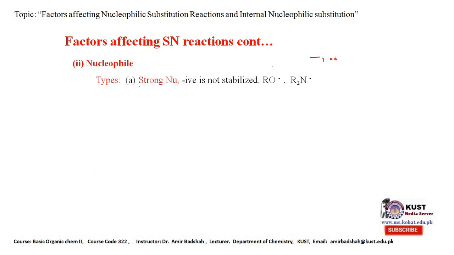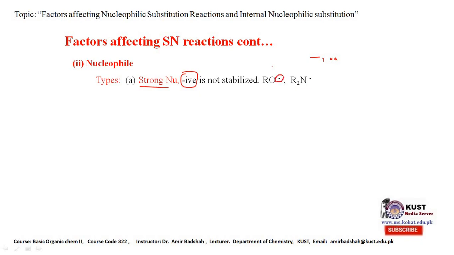A nucleophile may be a strong nucleophile. The strong nucleophile is one where there is a negative charge on the species, as shown here on the alkoxy anion and imide anion.